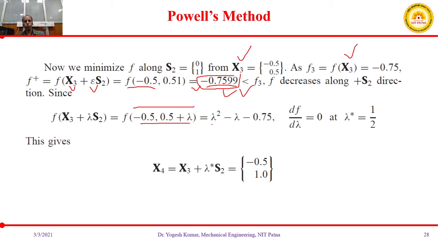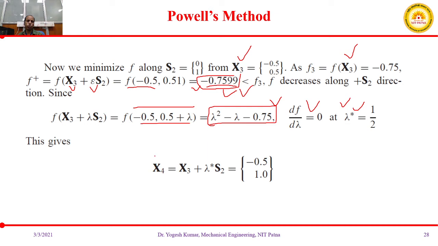If you put these values, your function will come lambda square minus lambda minus 0.75. Take the first derivative, df over d lambda equal to 0, and again your lambda will be 1 by 2.